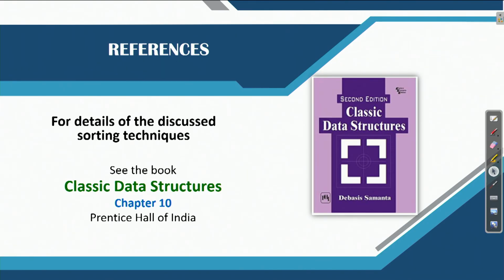Only a few sorting algorithms have been discussed in this course, but there are many more, which have their own good points as well as limitations. If you want to learn much more about sorting techniques, you can consult the book Classic Data Structure and find many ideas there: detailed algorithms, illustrations, comparisons, and analysis.